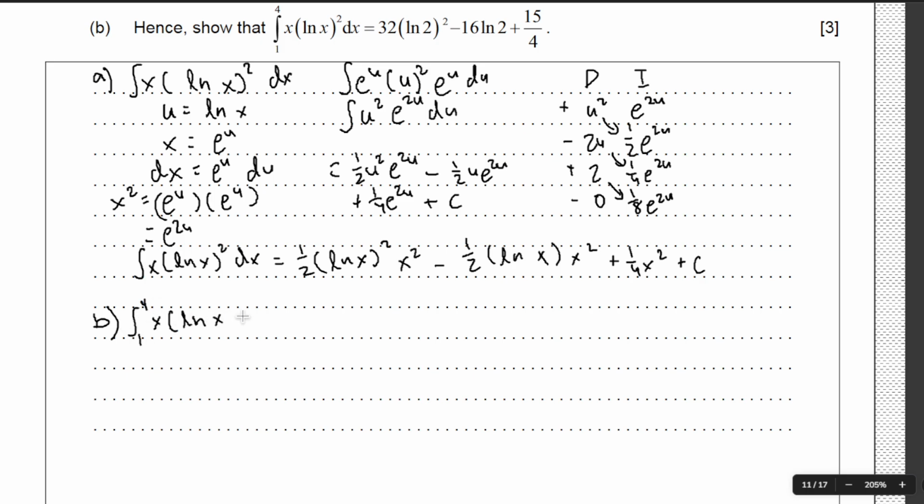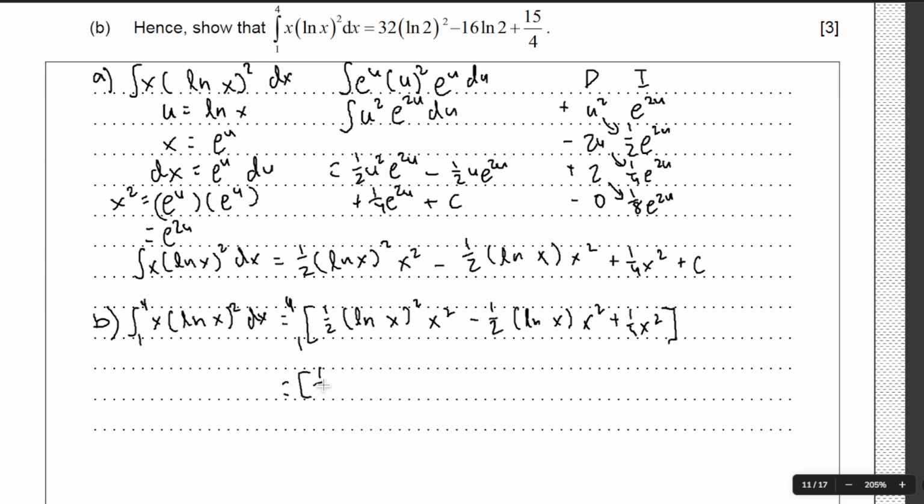Okay, so 4 and 1, so to open our bracket, 1 over 2 x squared (ln x) squared minus 1 over 2 x squared ln x plus 1 over 4 x squared, and close this.